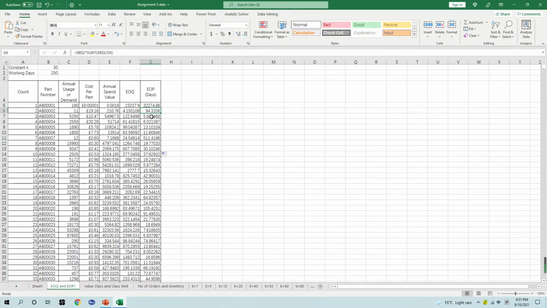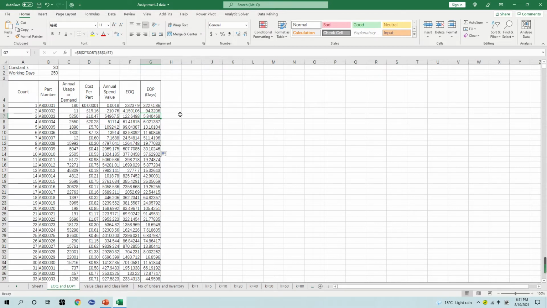And when the annual spend value increased from 210 to 54,000, the EOP decreased from 94 to 5 days.